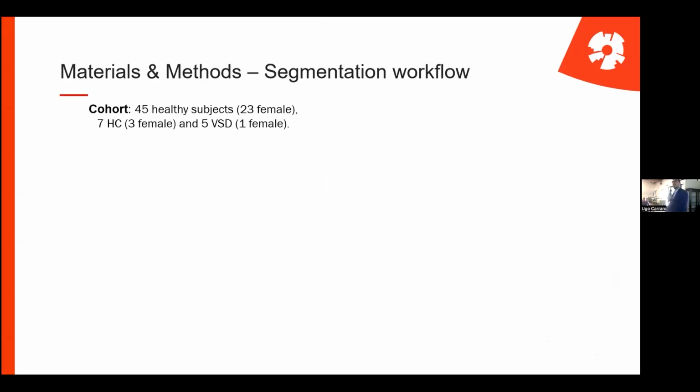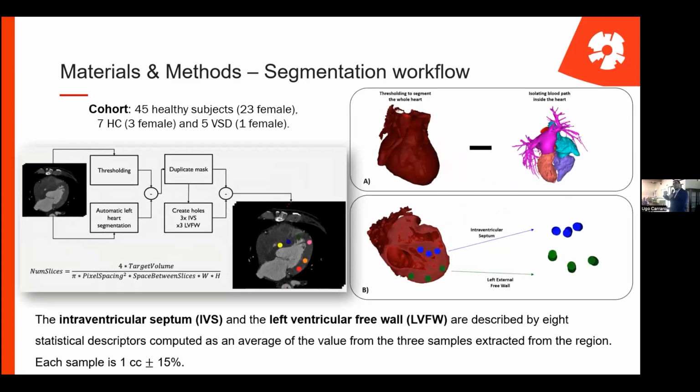So with a small cohort, let's say 35 healthy subjects, 7 hypertrophic cardiomyopathies, and 5 VSD, we set up a segmentation workflow. From CT images, we segmented the myocardium, removing the blood pool because we are not interested in the blood part, as it's enhanced with a contrast medium, and we created the negative of some specimens, from which we took cylinders from two different regions of interest.